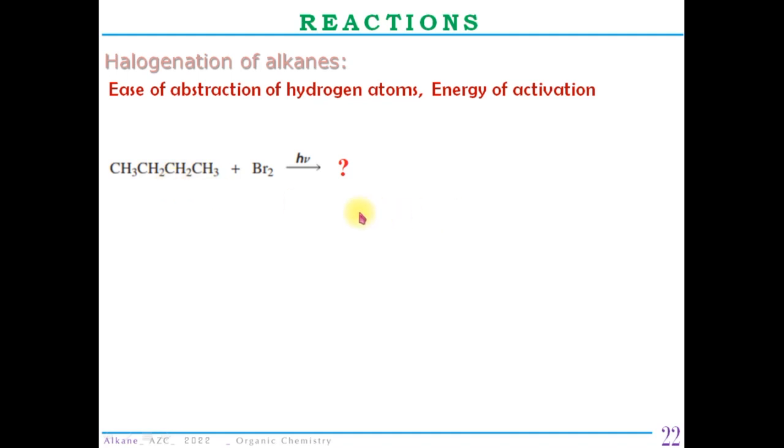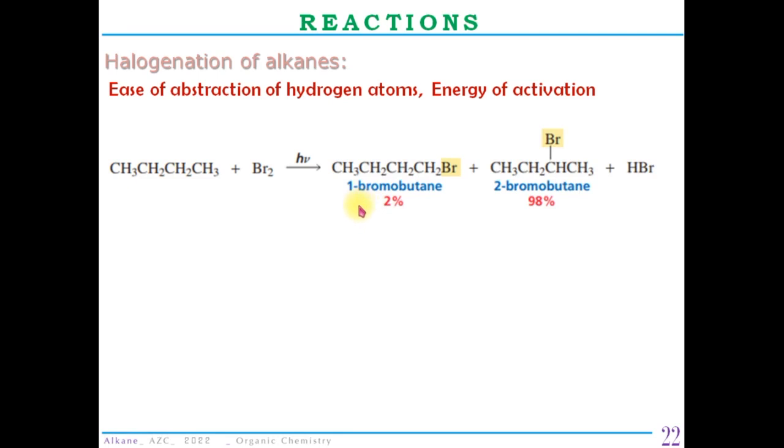So in this reaction also we will get two kinds of structural isomer, that is 1-bromobutane and 2-bromobutane. Now if we see 2-bromobutane, we get 98%, while 1-bromobutane we are getting only 2%. So the predominant product is 2-bromobutane.